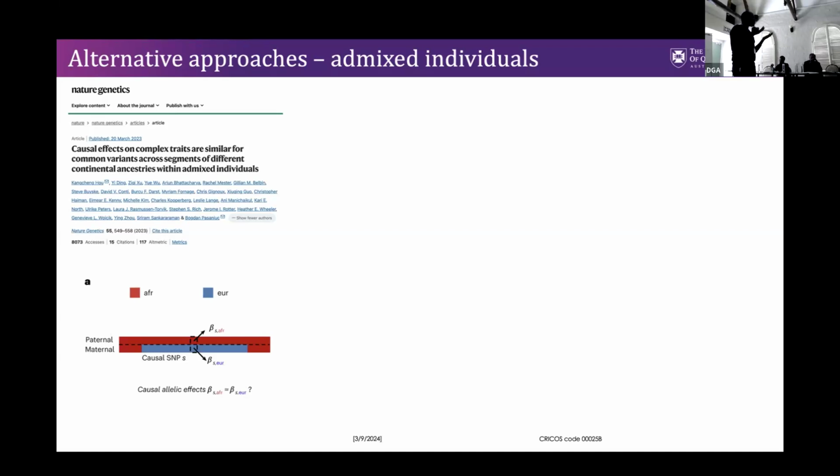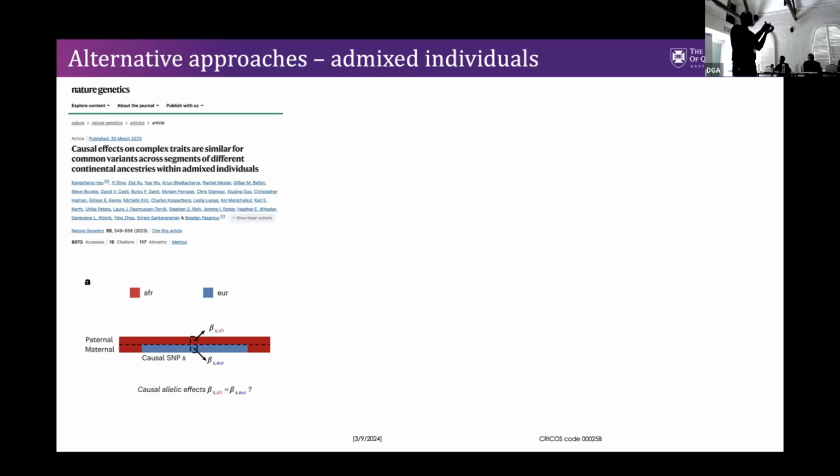So they focused on admixed individuals, African American and probably some Caribbeans as well. In these admixed individuals, part of their genomes can be traced back to European ancestors, and other parts of the genome can be traced back to African ancestors.